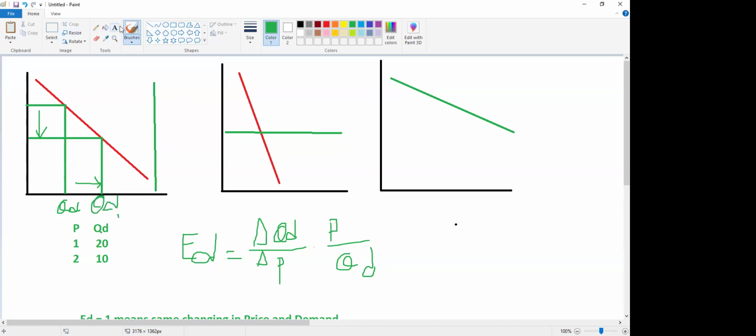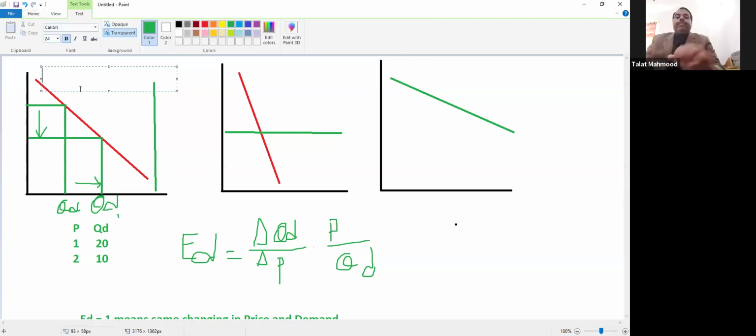So it means elasticity of demand is equal to 1. We call this the unitary method in economics.